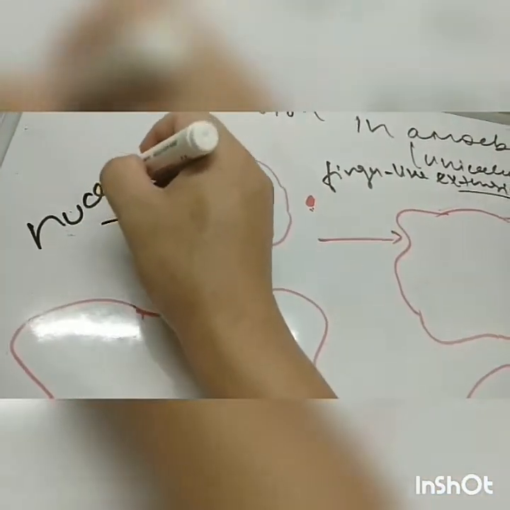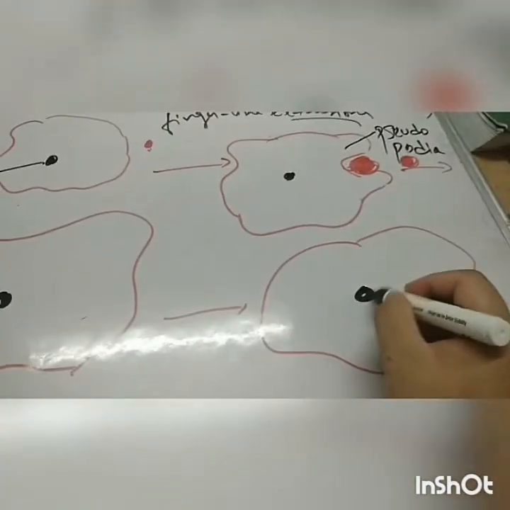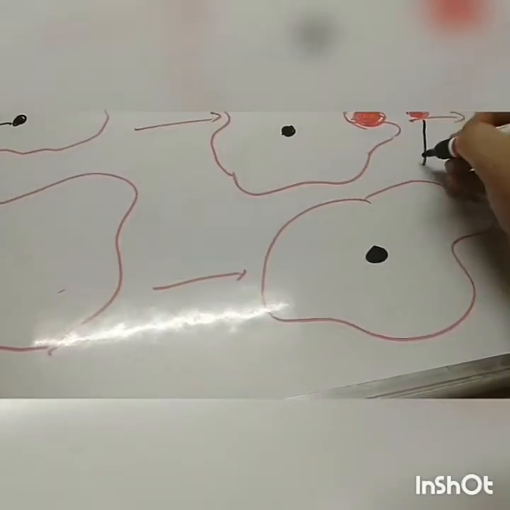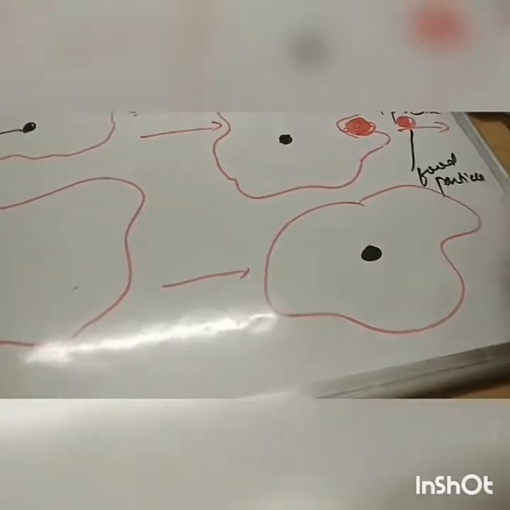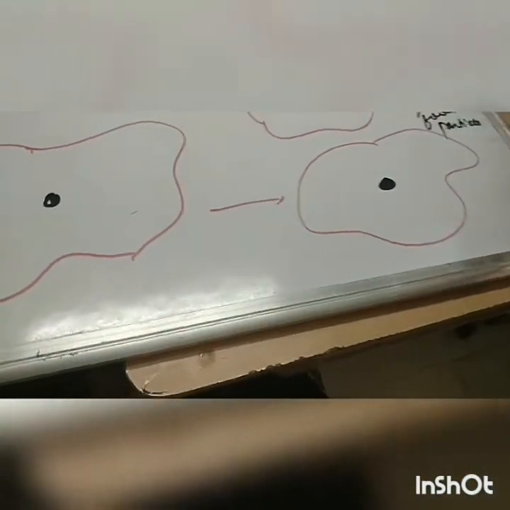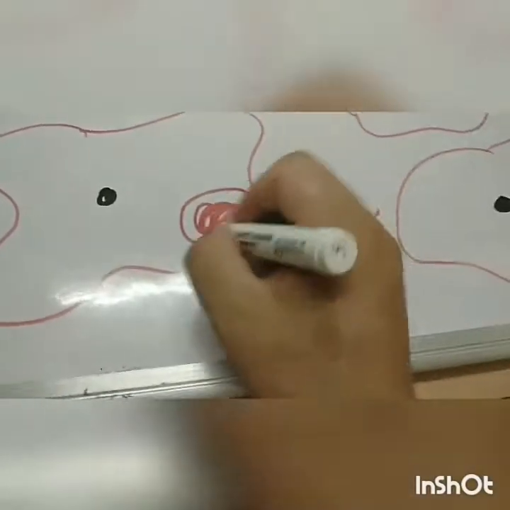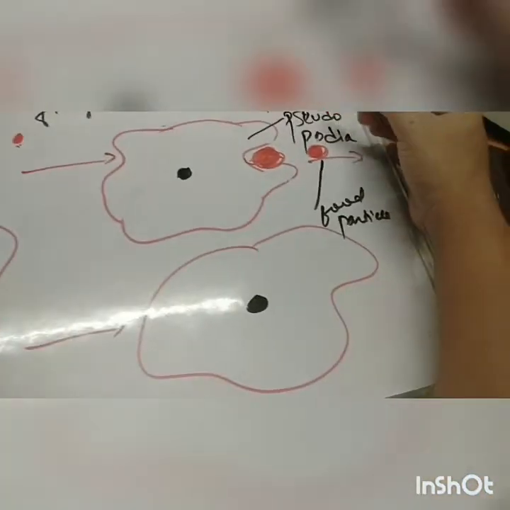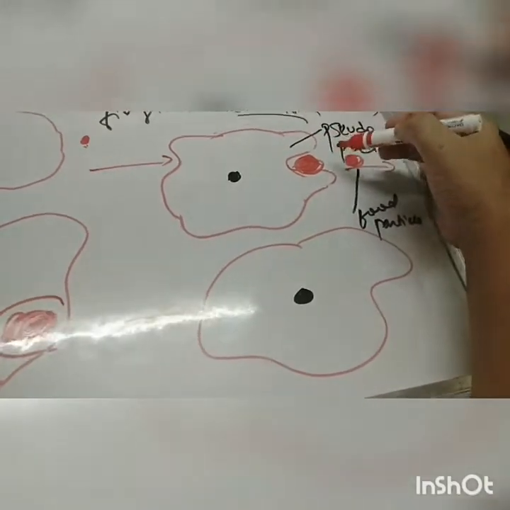There's a nucleus. Only one nucleus will be there because it's a unicellular organism. So this is a food particle. Here the food is already taken inside by the pseudopodia, the finger-like extensions of the amoeba.